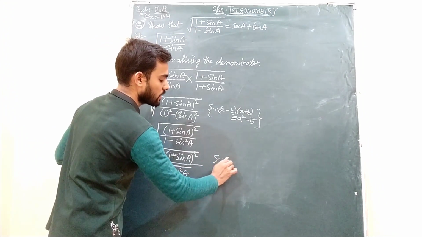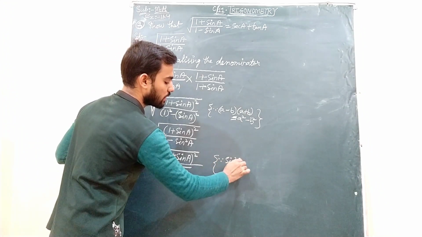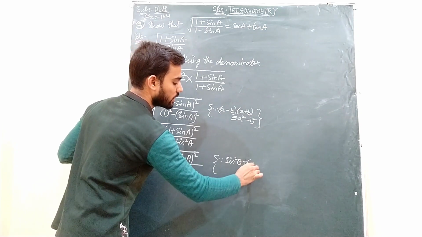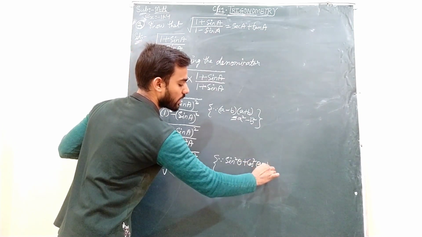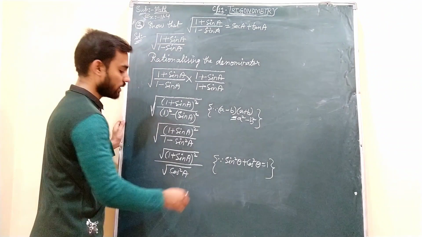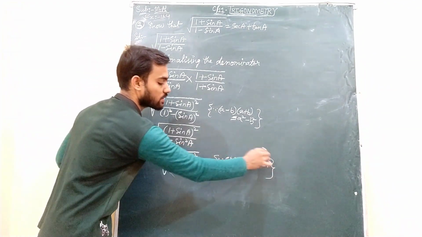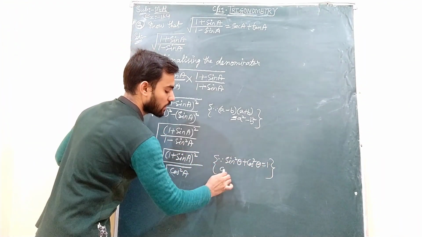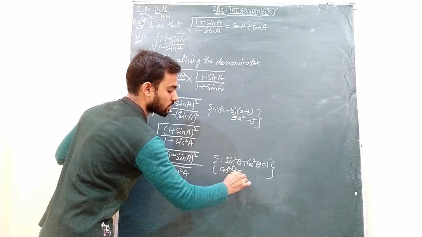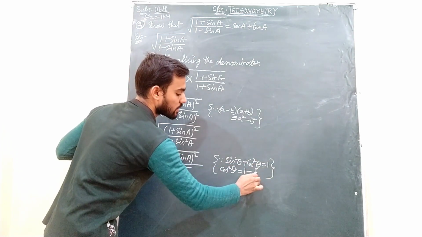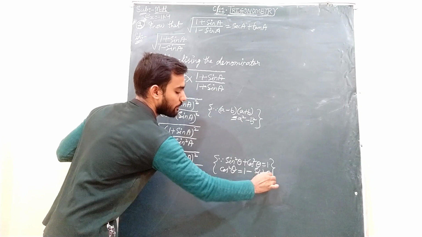The first identity is sine square theta plus cos square theta equals 1. So if I want the value of 1 minus sine square a, I will transpose this to this side. I will get cos square theta equals 1 minus sine square theta.